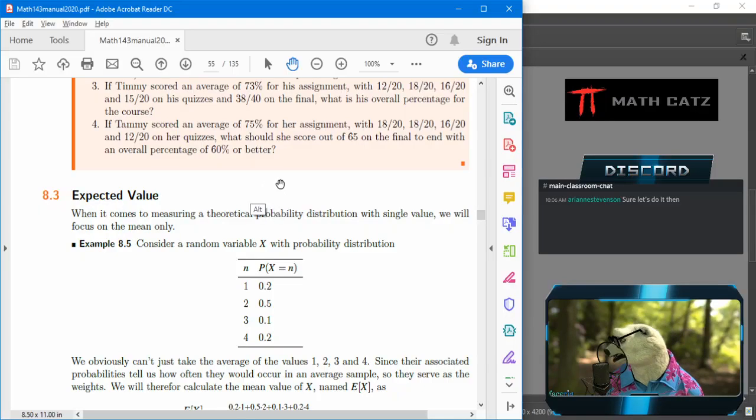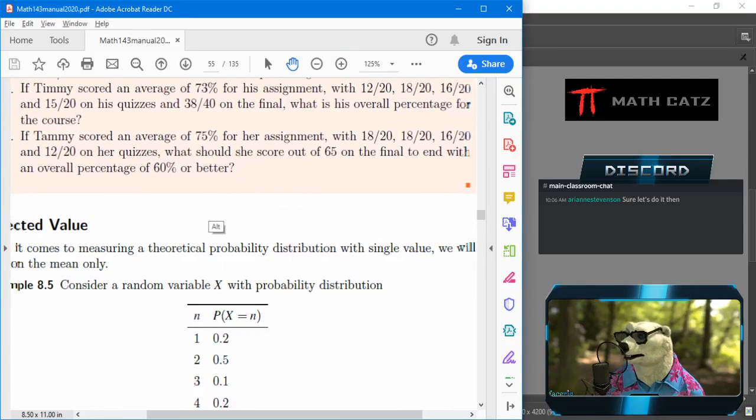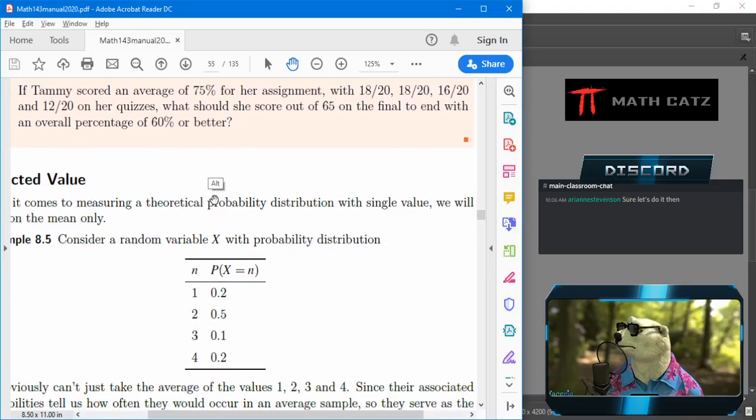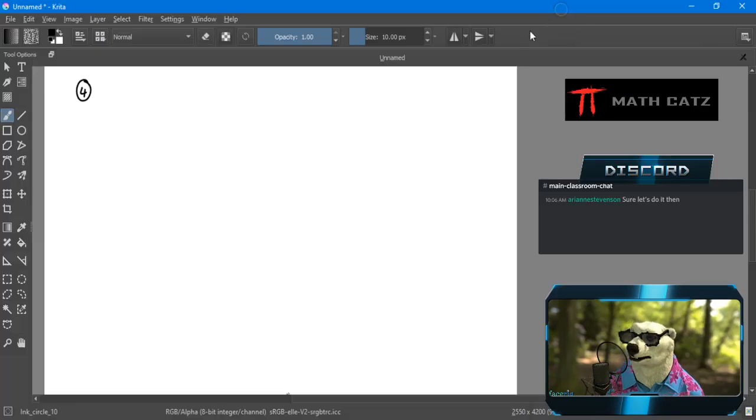Let me just position this better, as big as we can make it. It can work. There we go, right at the top there. So Tammy scored an average of 75%. Same breakdown, so let's just set it up. So we have our quizzes, assignments, final exam.